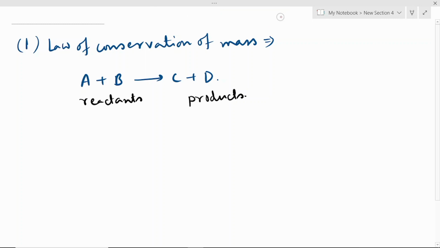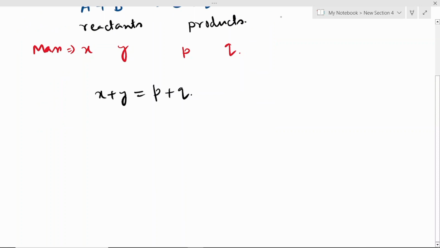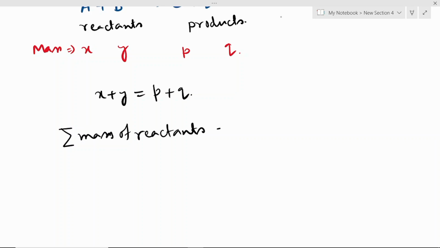Suppose the mass of reactant A is X and the mass of reactant B is Y, and they react to give product C of mass P and product D of mass Q. So this law says X plus Y is always equal to P plus Q. In other words, the summation of mass of reactants will be equal to the summation of mass of products.